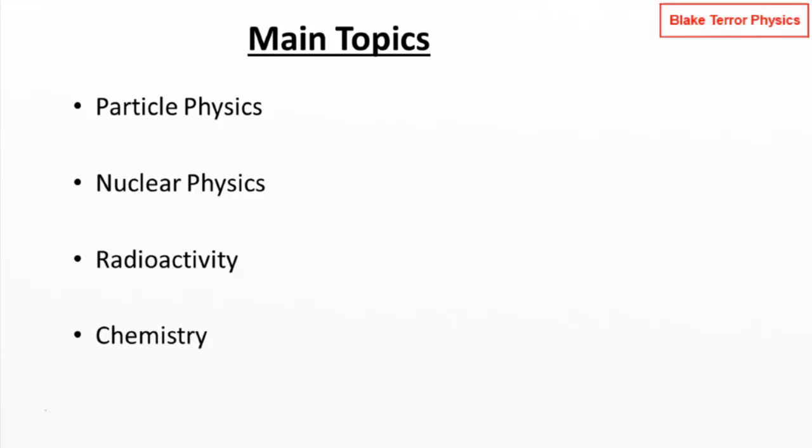So that's going to be the basic path that I'm going to take through all of this. First, look at the fundamental particles in particle physics, then look at the nucleus of an atom in nuclear physics and radioactivity, and then some distinctions with what's going on in chemistry. But before we start all of this, the first video I'm going to do is on the mass energy equivalence, which is Einstein's famous equation, E equals mc squared, which is a game changer from the assumptions that we've had previously in classical mechanics and what we were setting up right at the beginning of all of these videos in the series.